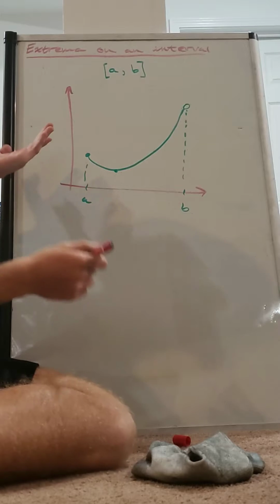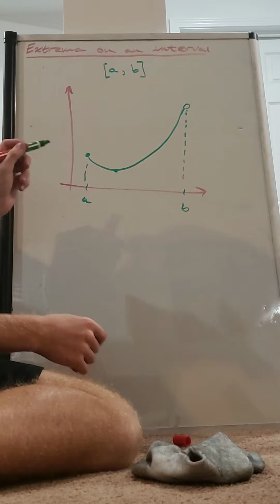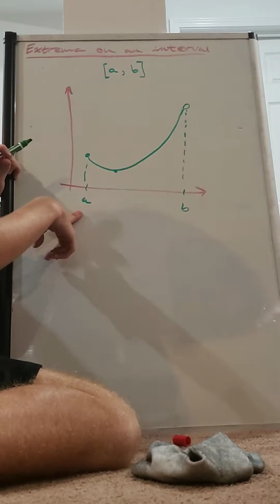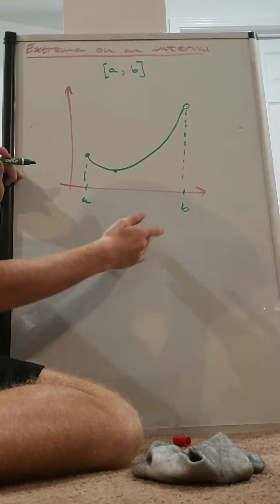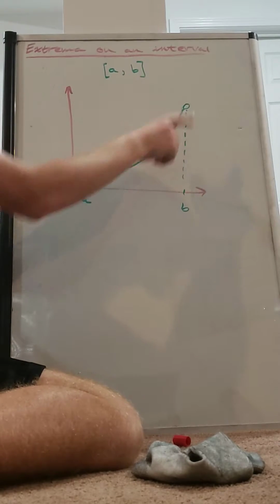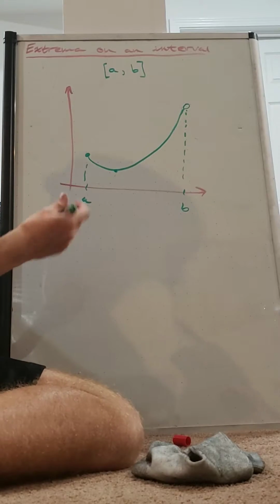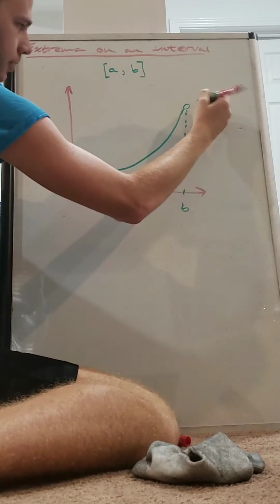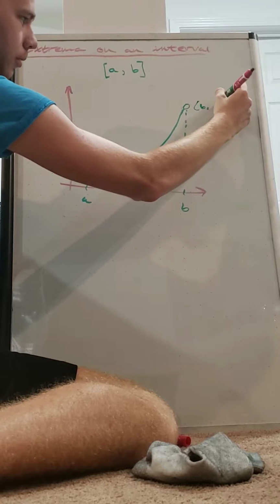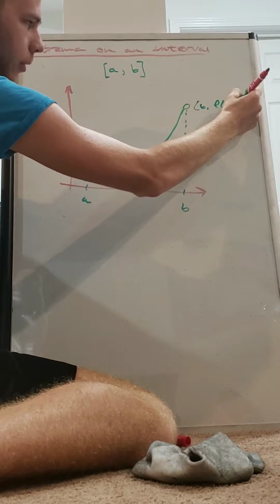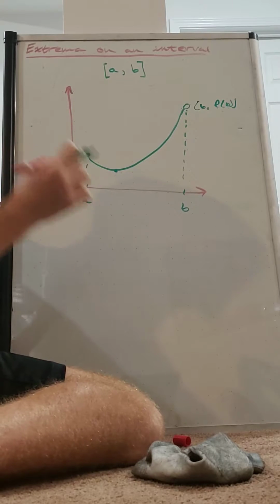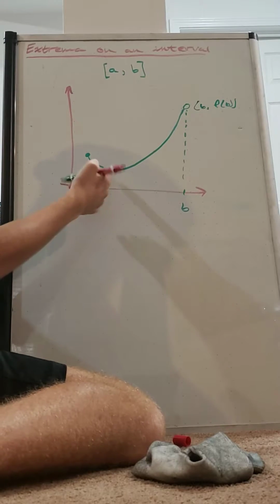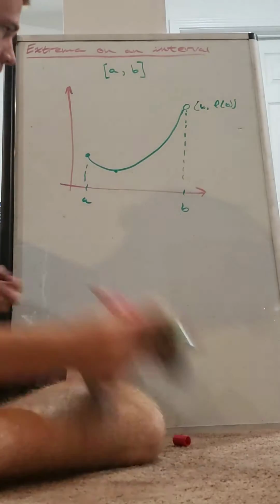And if we think about this, it can be at the endpoints, and f of a is obviously not our maximum, and f of b doesn't exist, so we can't say that our maximum is at f of b. So that's referring to this point here. We cannot say that this is a maximum because that's not a value that exists. And yeah, this stays the same as the minimum.